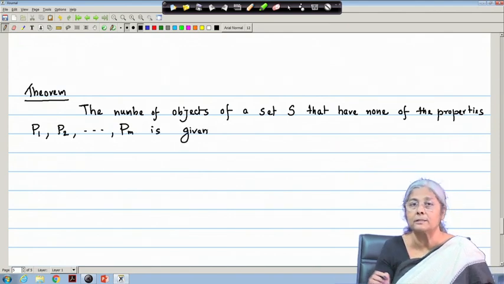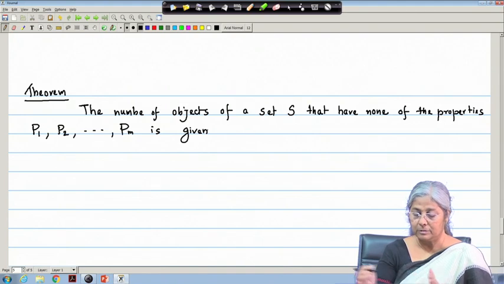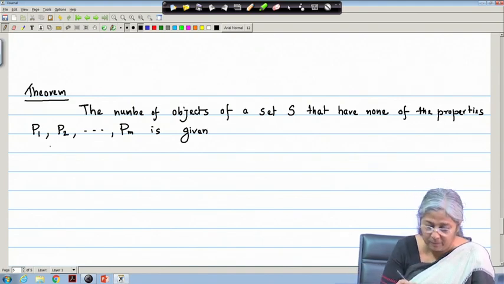So, just now we have seen the example with only two properties, and we are trying to generalize that principle.